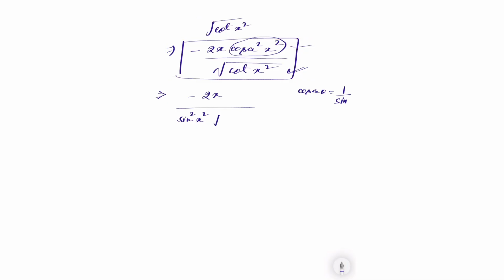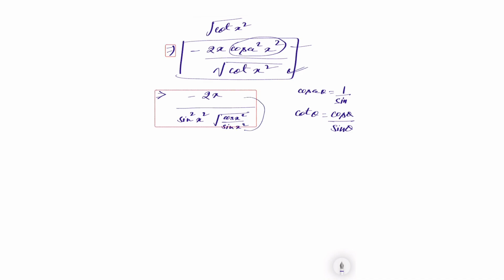Under root, you know cot theta is equal to cos theta by sin theta. So under root cot x square will be taken as cos x square by sin x square.